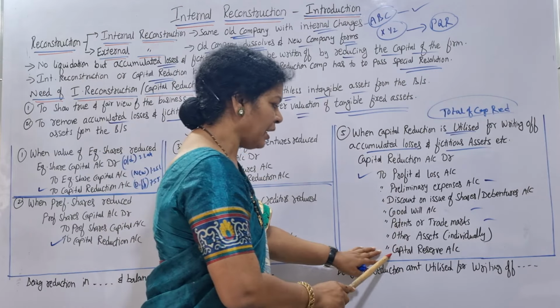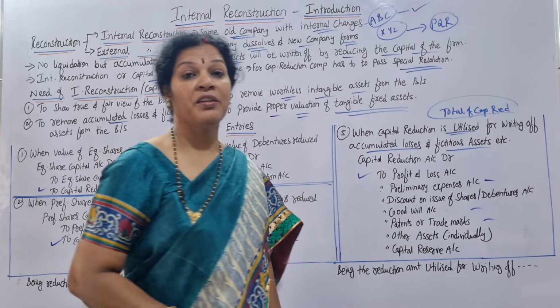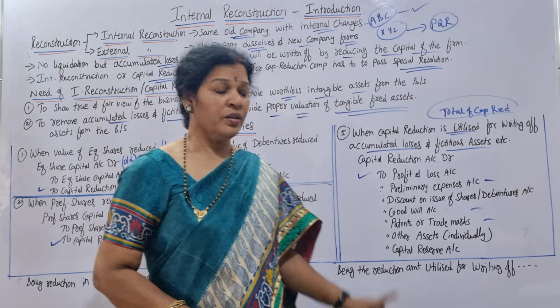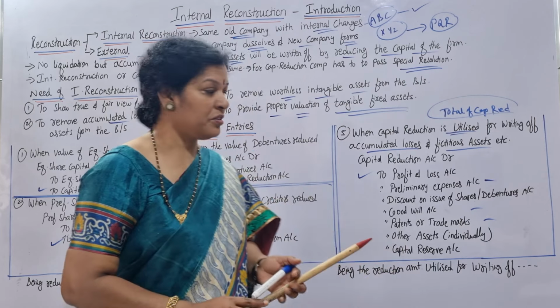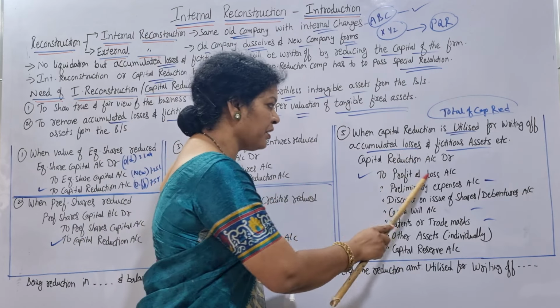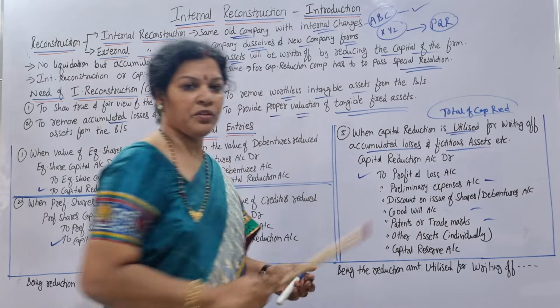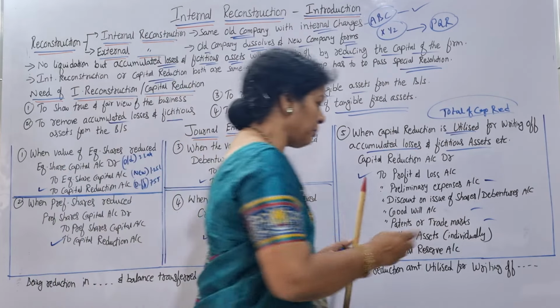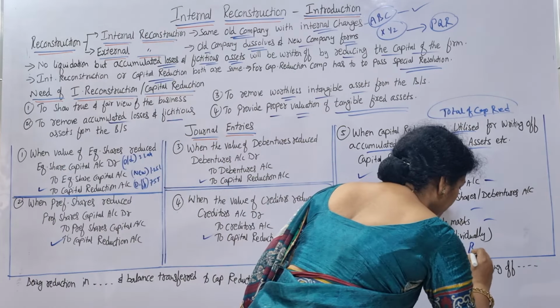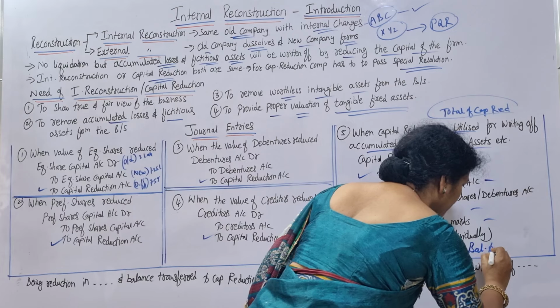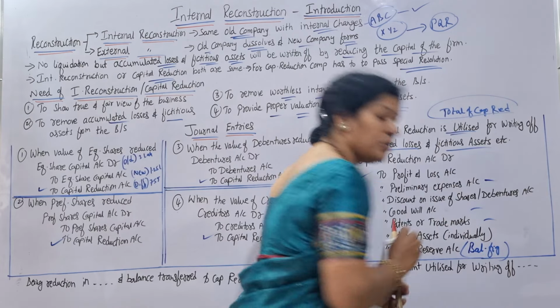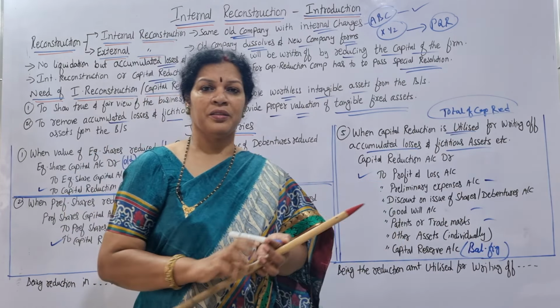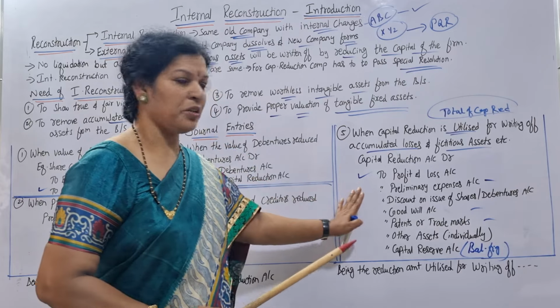So lastly we say to capital reserve account. Capital reserve means the difference between the capital reduction and all these write-off amounts. This will be the balancing figure. That's all. You have to remember this.